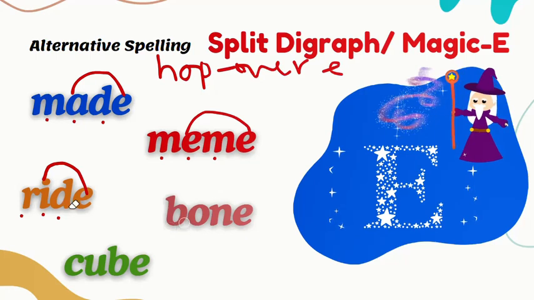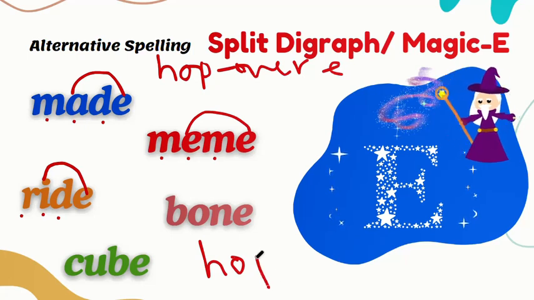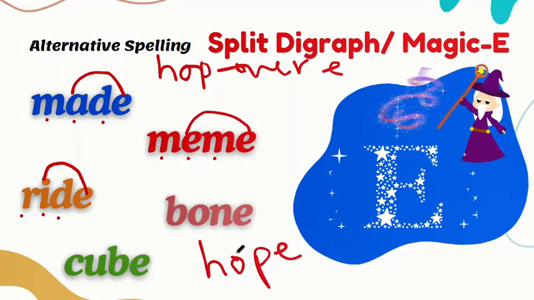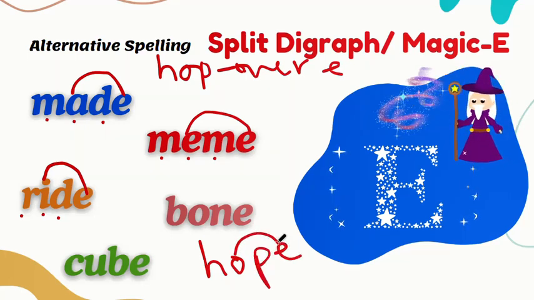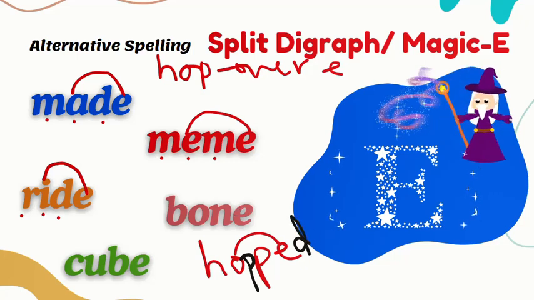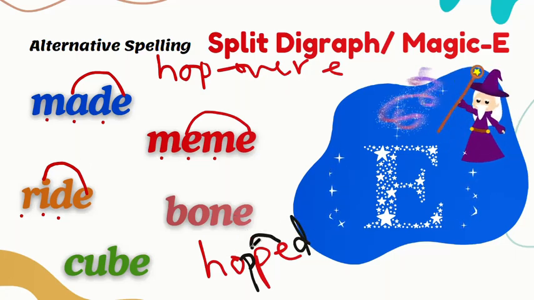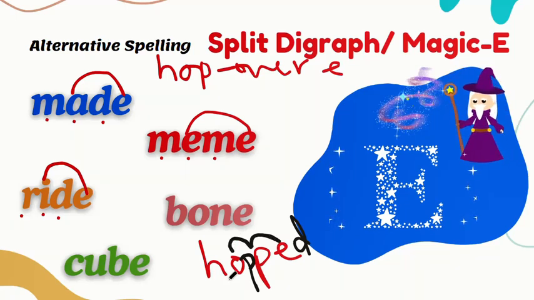But remember, magic key cannot hop over two consonants. For example, if your word is hope, it can pull the sound. But if you want to write the past of the word, hopped, double the P and write ed, now this magic key cannot jump over two consonants to pull this O sound.